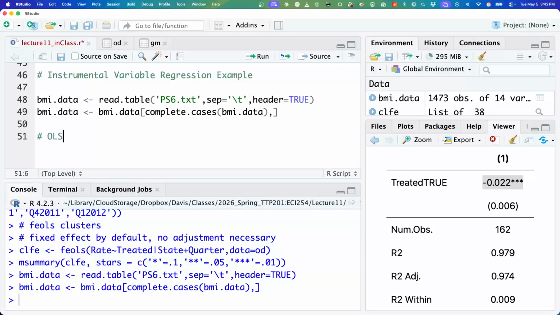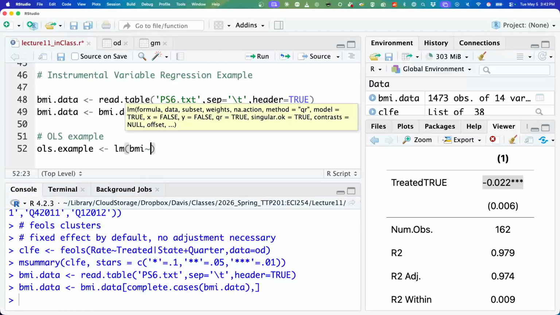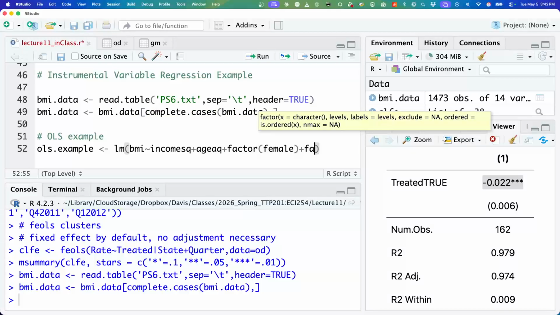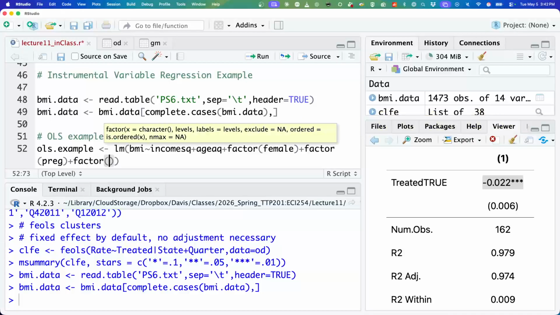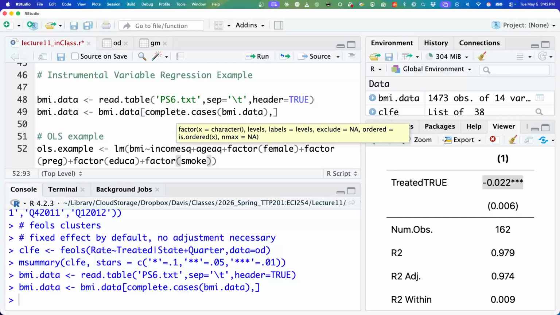Okay, so if we were doing this as an OLS, it would look something like this. Linear model of BMI regressed on income and age squared. It's a little bit concave, so this is a way to linearize it. And then we have a bunch of different factors for gender, whether they're pregnant, level of education, and then importantly, whether or not they smoke.